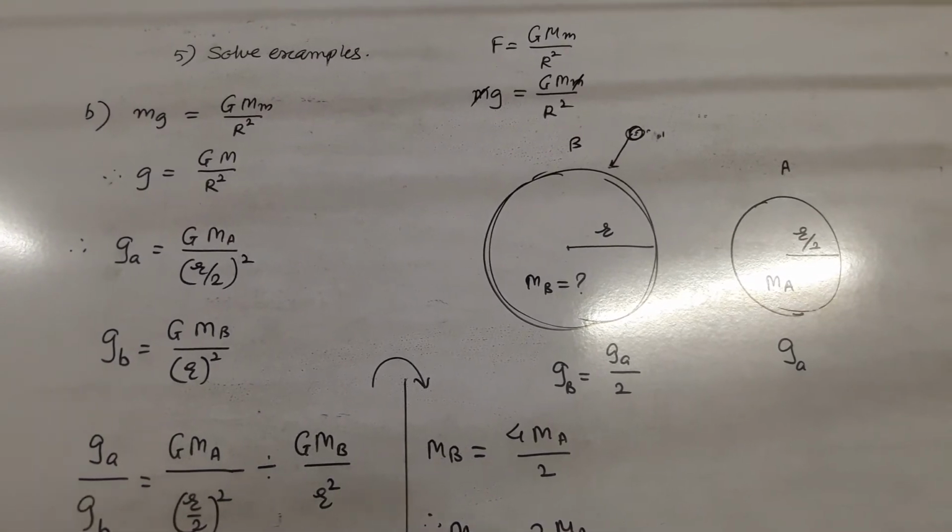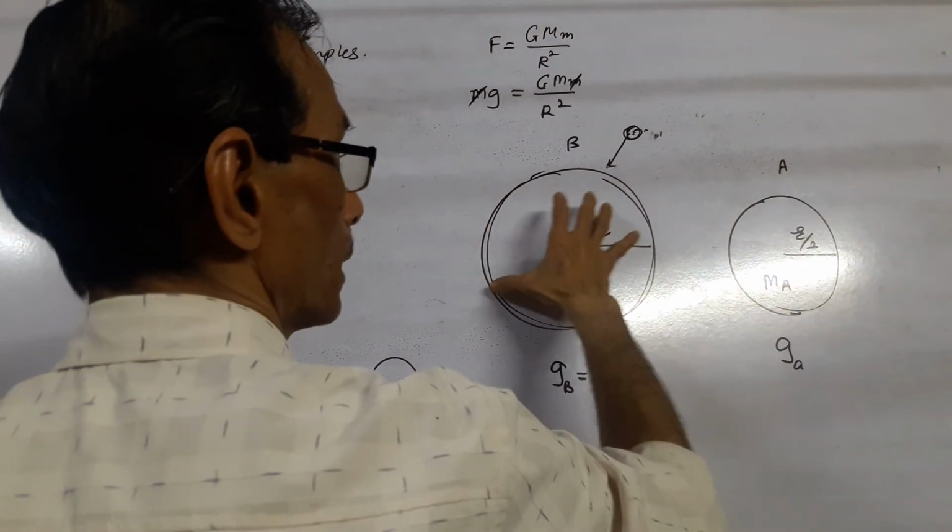Now here are two planets, suppose MB and MA, these are the two planets.